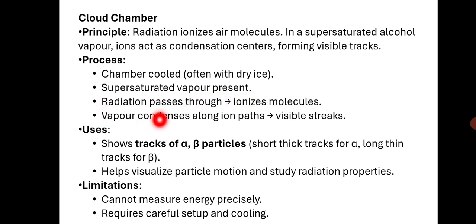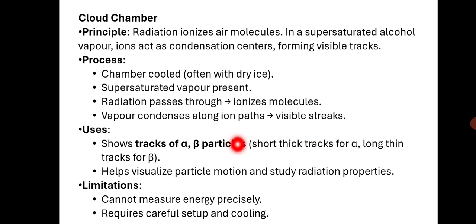Then the vapor condenses along the ion path, forming visible tracks. Alright, so this technology can be used to show tracks of alpha and beta radiations.